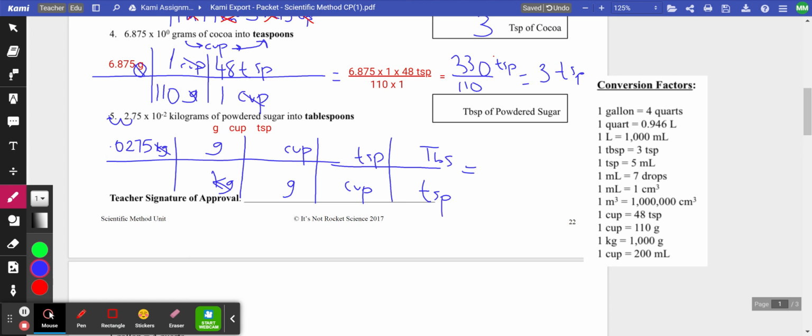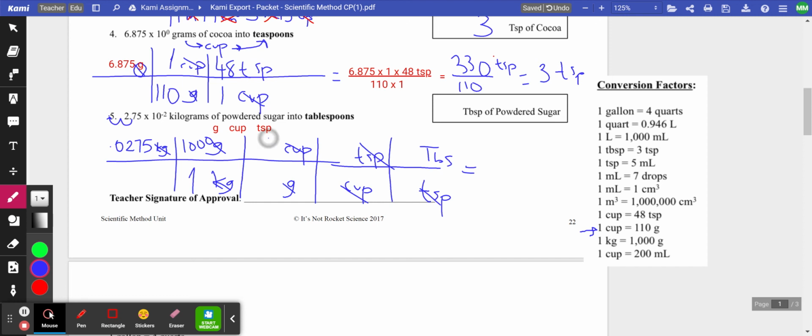Kilograms canceled, grams canceled, cups canceled, tablespoons canceled, so that we have tablespoon on the top. Now it's time to plug in the numbers. How many gram, how many kilogram? 1 kilogram, 1,000 gram. And then gram to cup here. 1 cup, 110 gram.